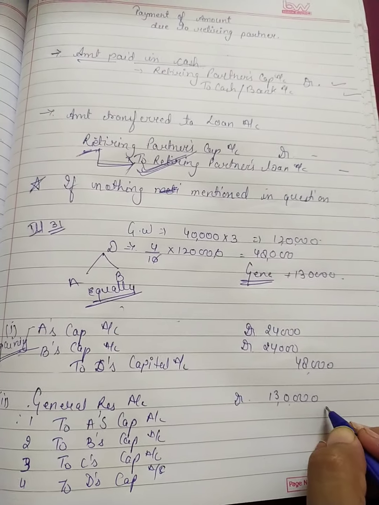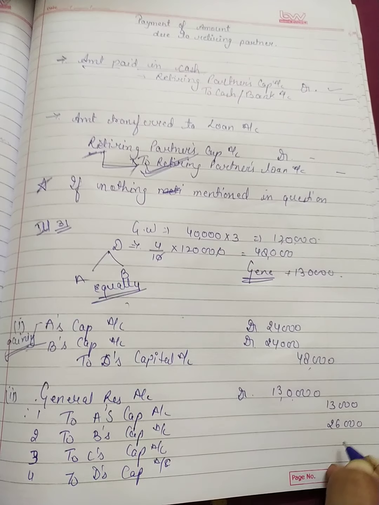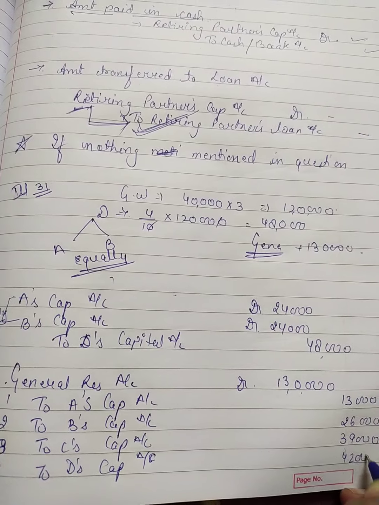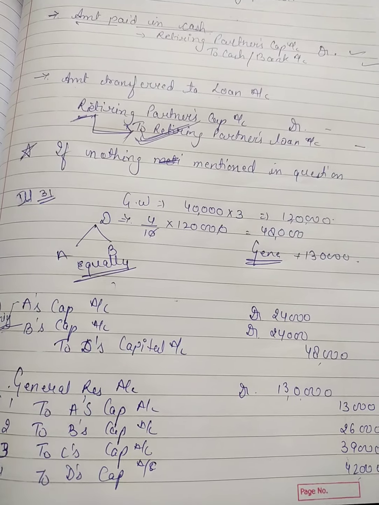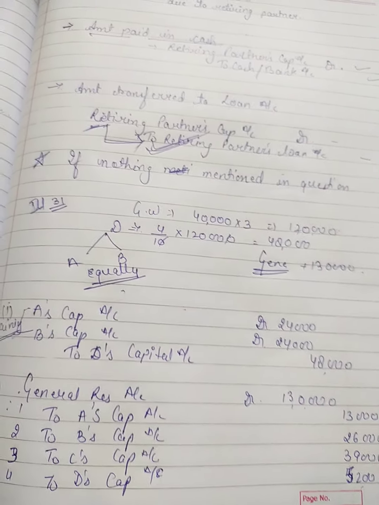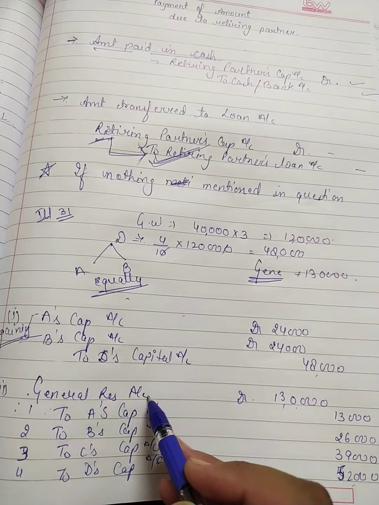Okay, so it will become 13,000, it will become 26,000, 13 3s are 39,000, and 13 4s are 52,000. Okay, so this will be the entry of our general reserve.